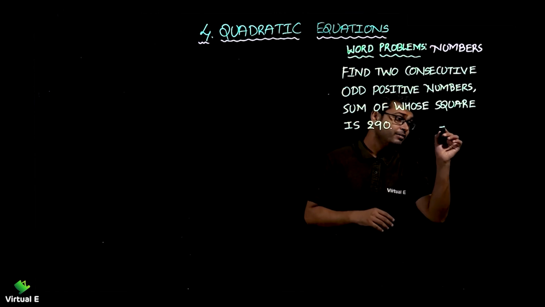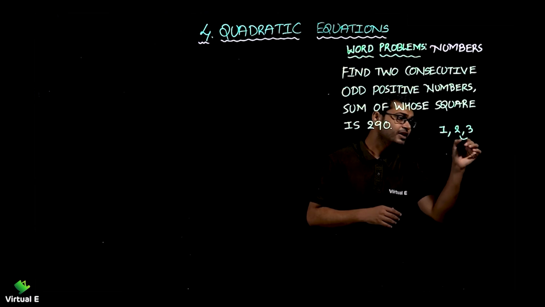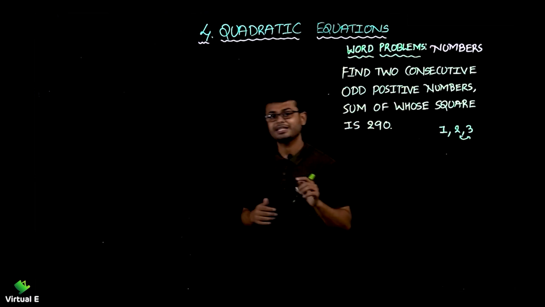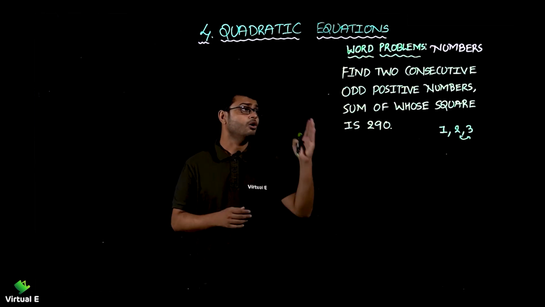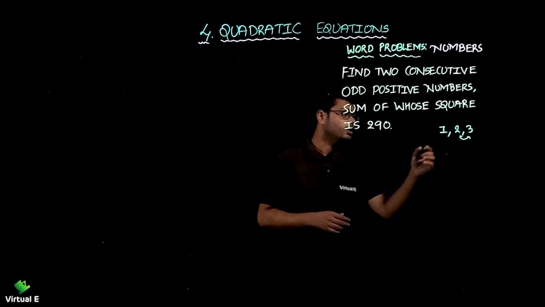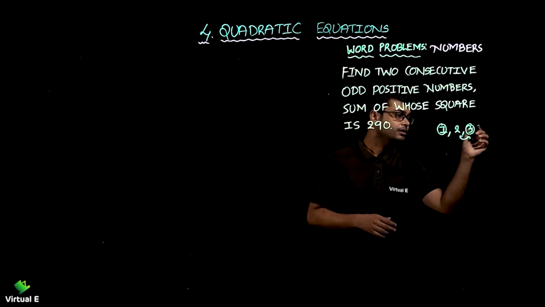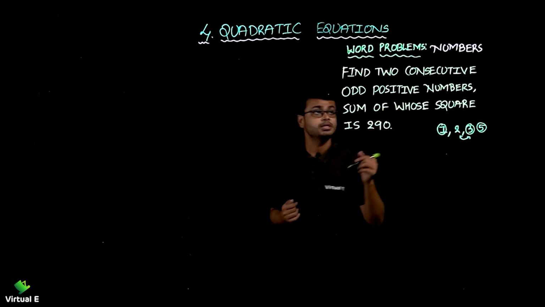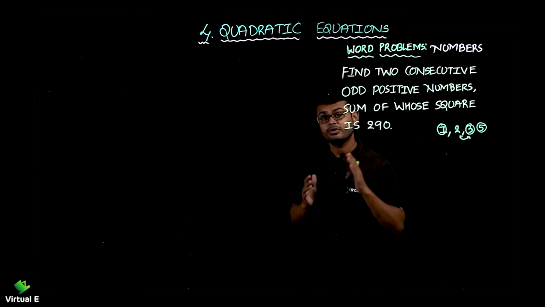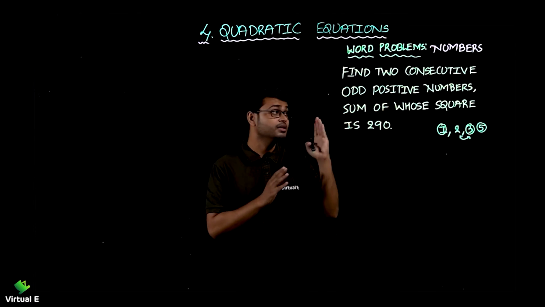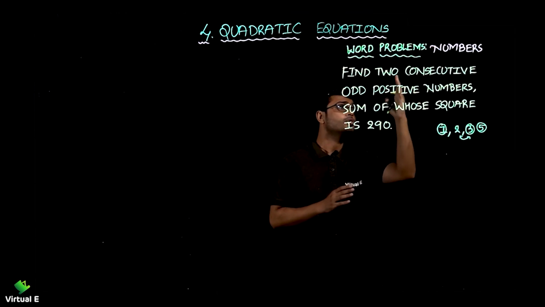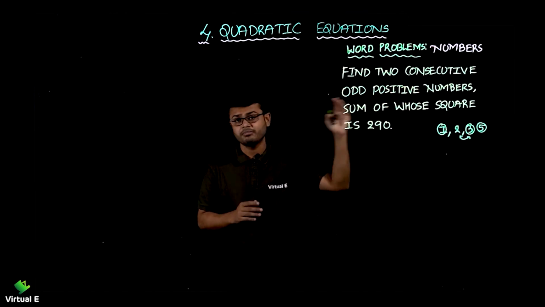If I take 1, the consecutive number is 2, then 3, exactly after. Odd numbers we know: 1, 3, then 5. Positive we know, so negative numbers are not accepted. So, two consecutive odd positive numbers.